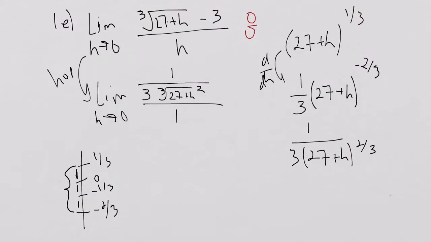So first thing, this 1 divides out to go away. So I get this remaining fraction here. I'm going to just write that fraction, and I'm going to let h equal 0. So you should see that I get 1 over 3 cubed root of 27 squared.